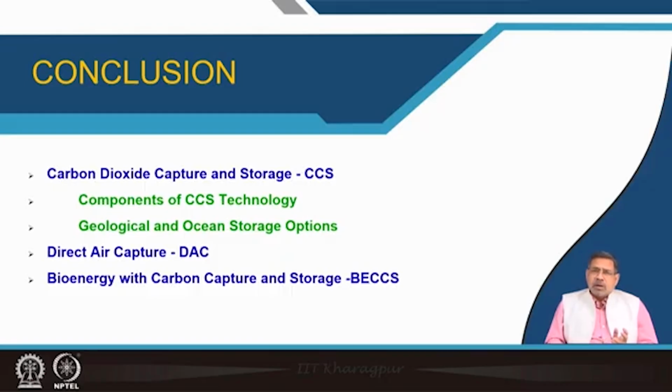We discussed the cross-cutting technologies in terms of the geospatial technologies and the AI, artificial intelligence, and together the Geo-AI. And in this class, we discussed carbon dioxide capture, storage, and removal technology through CCS, DACCS, and BECCS.